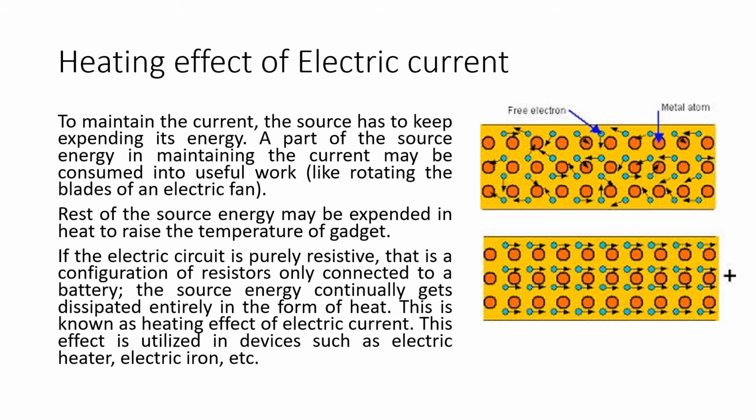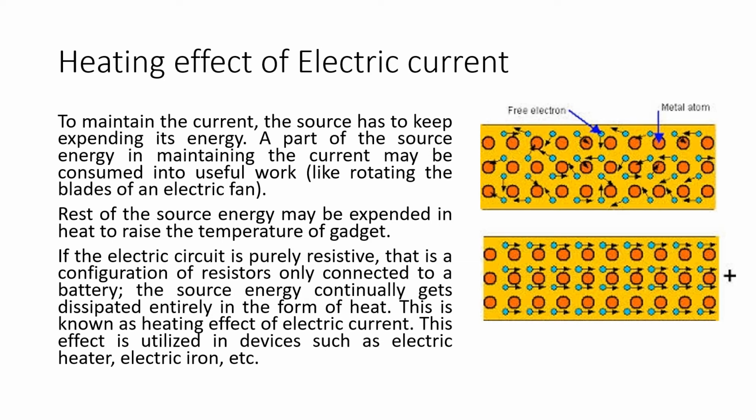So now we'll go to the heating effect of electric current. To maintain the current, the source has to keep expending its energy. Means the battery has to lose its energy to maintain the current, that is, keep all the electrons flowing in one direction. Now, a part of the source of energy can be used to do some work.